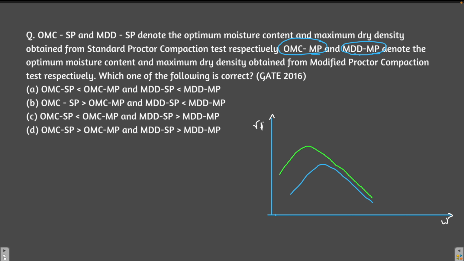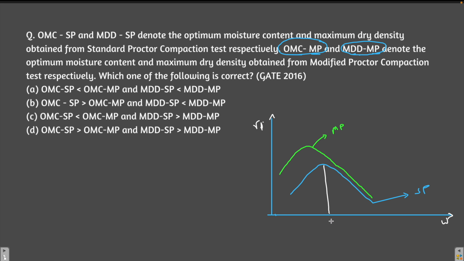Now the question is very easy. Optimum moisture content for the standard Proctor test is less than the optimum moisture content for the modified Proctor test. So let's see. The green one is the modified Proctor test, and this one is the standard Proctor test, right? You know this. Let's see about the moisture content.